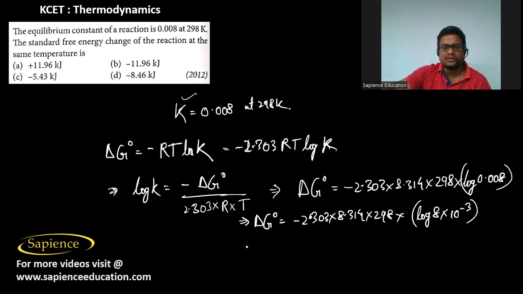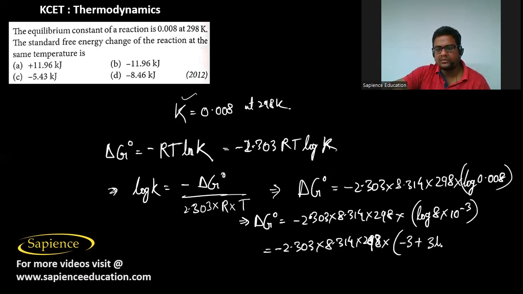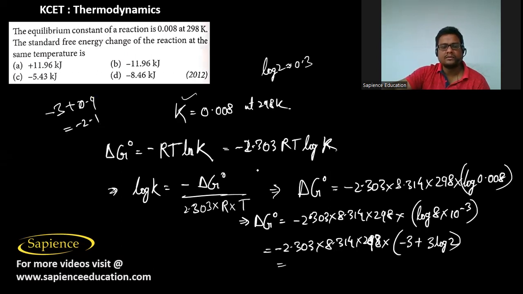That equals minus 2.303 into 8.314 into 298 into (minus 3 plus log 8). Log 8 means 3 log 2, and log 2 is approximately 0.3, so 0.3 into 3 is 0.9. So minus 3 plus 0.9 is minus 2.1.